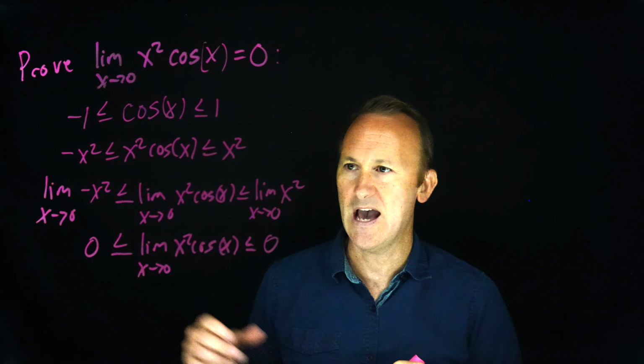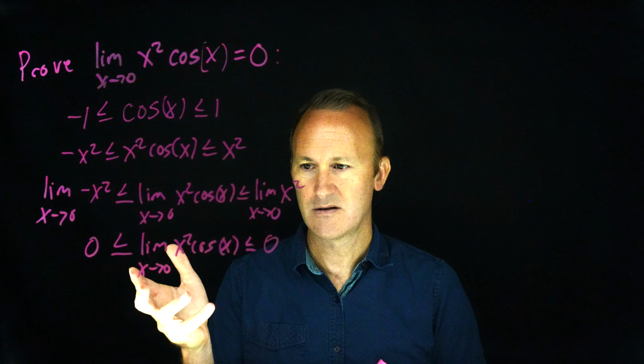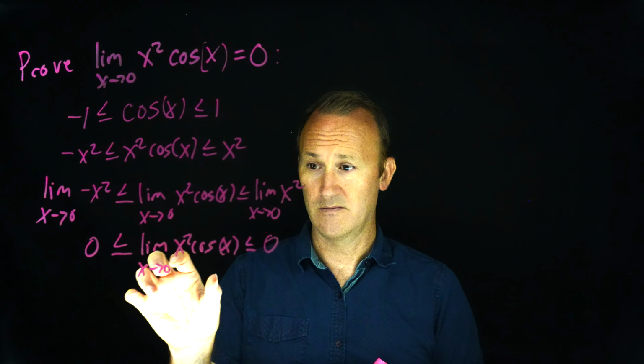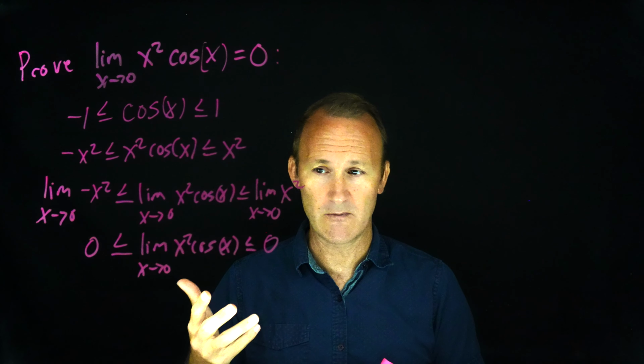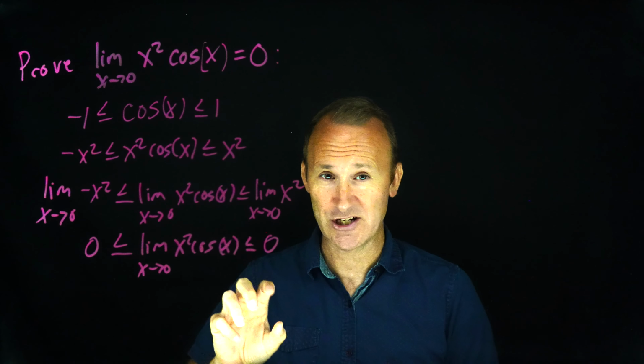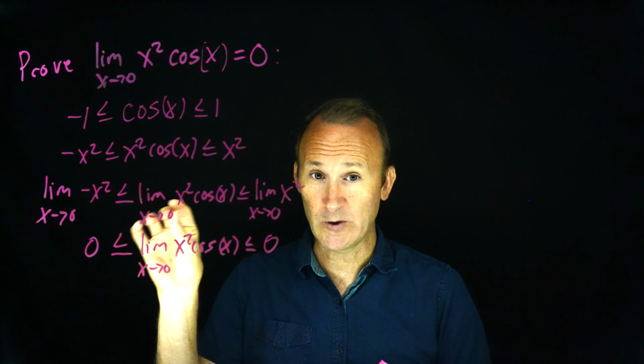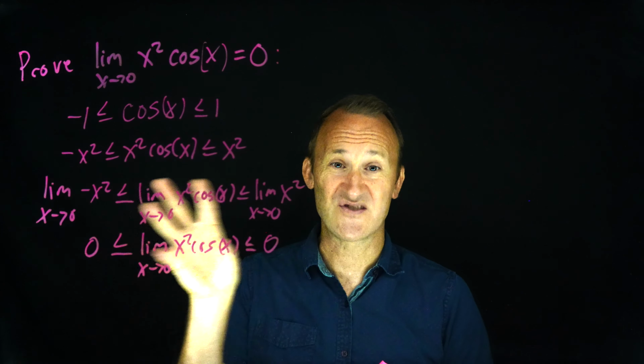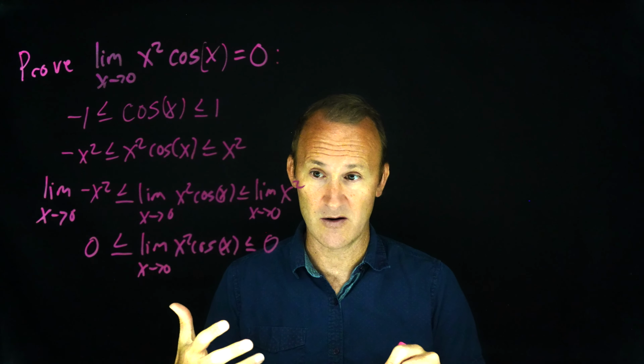So what we have is a limit between 0 and 0. It doesn't matter what the expression is in the middle here. The only number between 0 and 0 is 0.